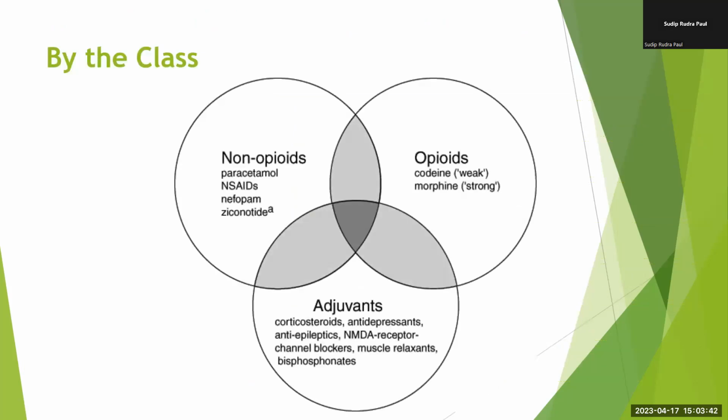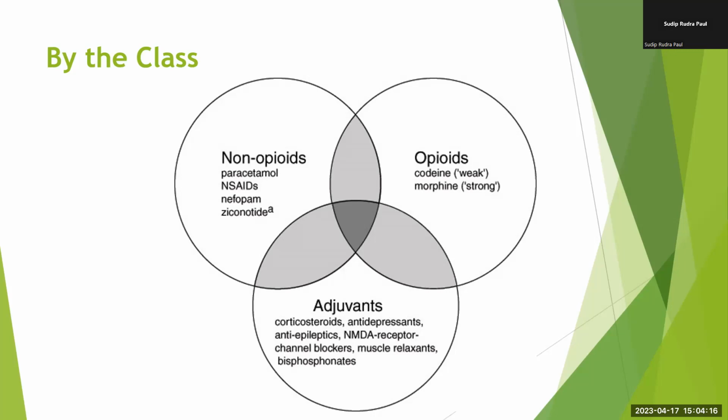What is by the class? Basically, in the WHO analgesic ladder, we have different classes like non-opioids and opioids. Whatever class a medication belongs to, we should not use two of the same class. Suppose diclofenac and aceclofenac: both medications belong to NSAIDs. If the patient is getting diclofenac and also aceclofenac, there will be no use.